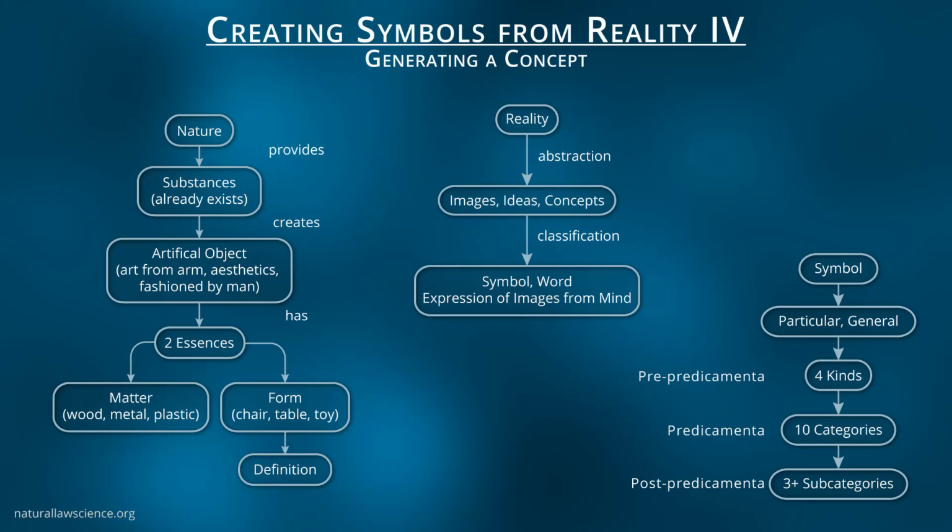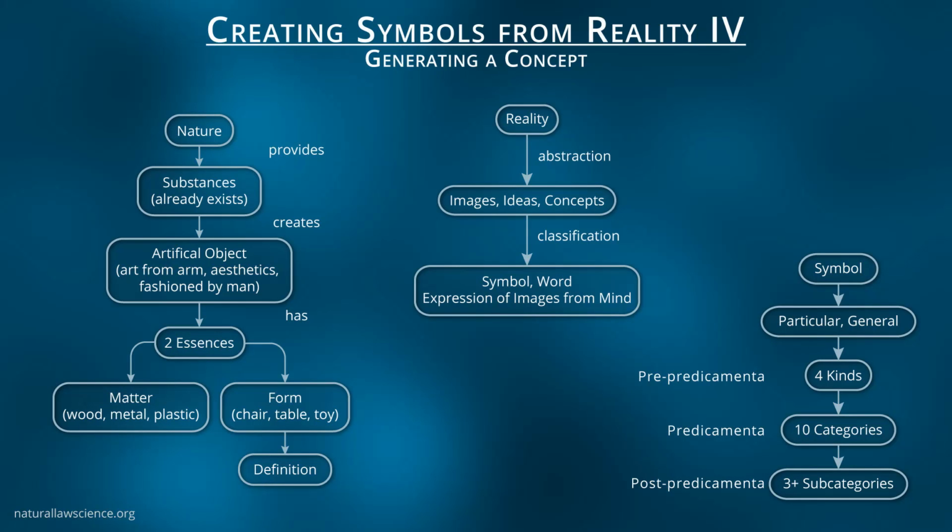From these substances that already exist, we can create artificial objects. And artificial is an art from our arms, because we create with our hands, our arms. And this is aesthetics, to represent the good in the things we create. Visually, that's where the beauty comes from.